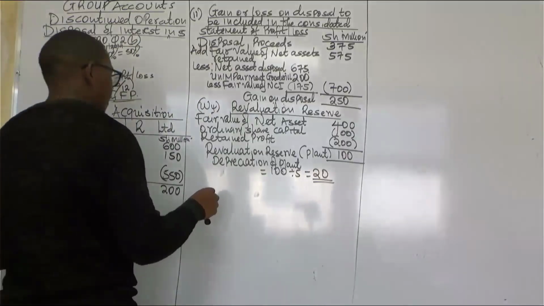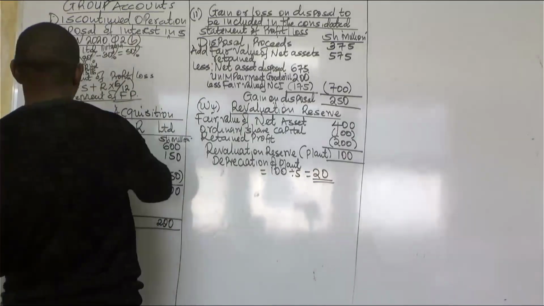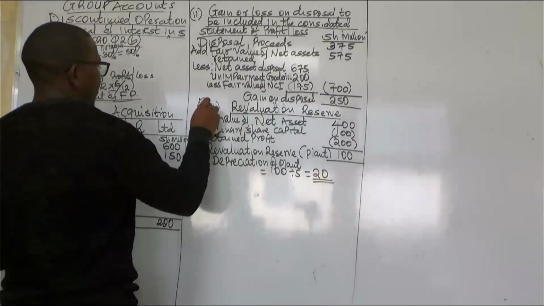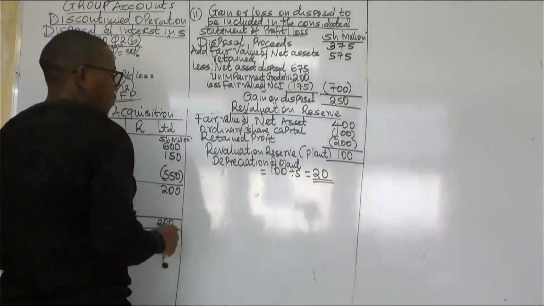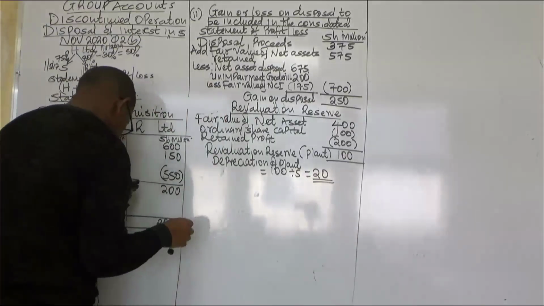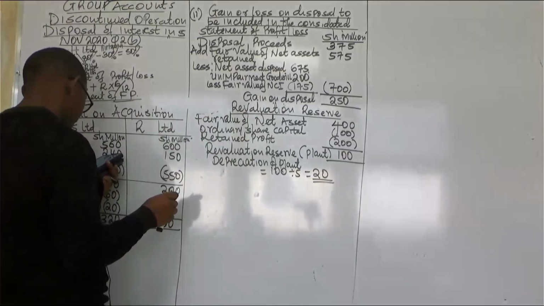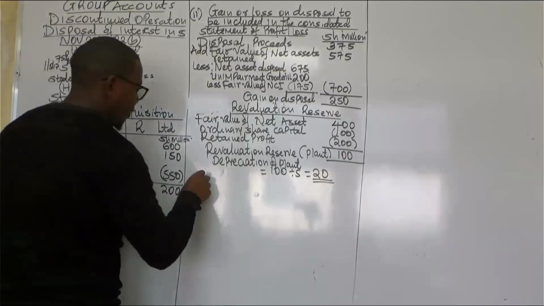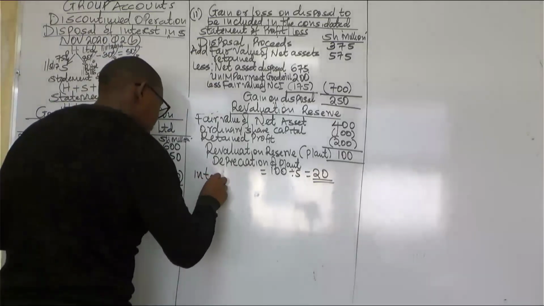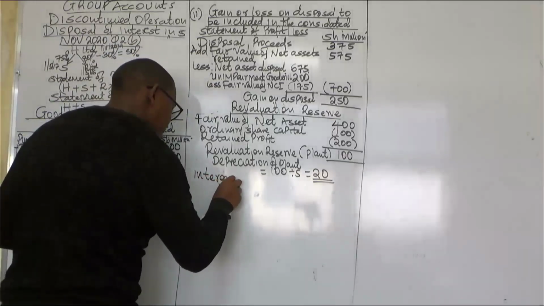We continue. This was working one. The other one is on additional information number 4, on the intergroup sales.